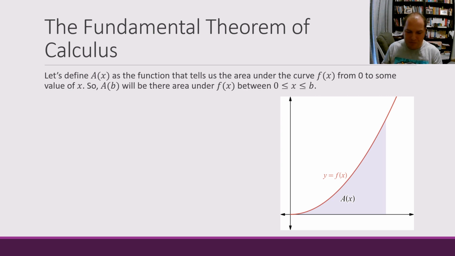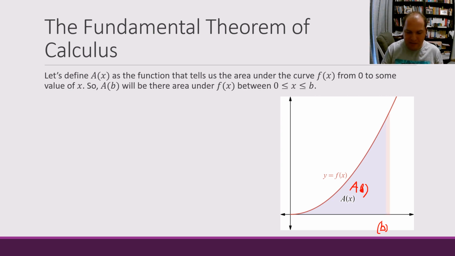So this value here is A of x, the area underneath the curve. Let's say we're going up to some point b here. And so this area is going to be A of b. But what we ideally want to know is, what is A? What is the function I'm substituting b into that gives me an actual area?